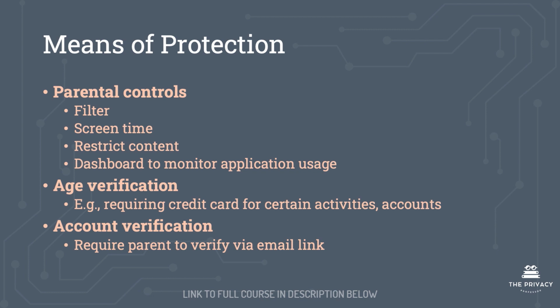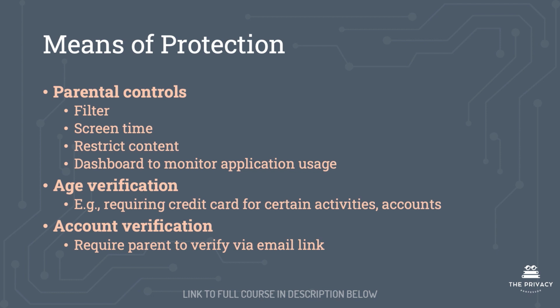If your children also have Apple accounts for a phone or an iPad, for example, and those accounts are under a family account, then the parent is able to monitor their children's screen time, restrict certain content, and is provided with a dashboard that gives them different insights into their children's use of technology.